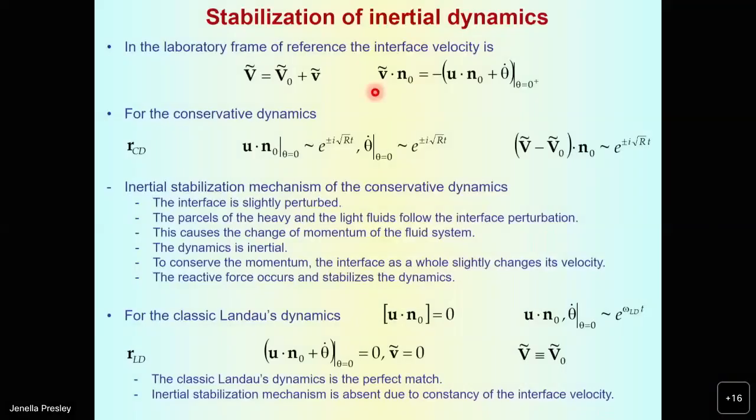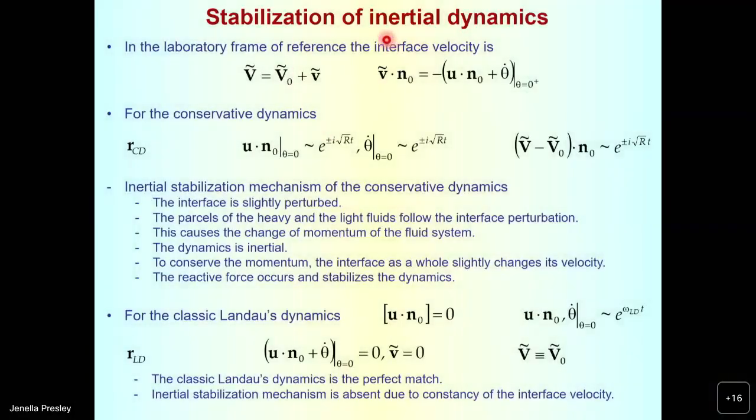In order for us to better understand it, let us consider the interface velocity in a laboratory frame of reference. We see that in our case, this interface velocity may not be constant, and it will experience slight perturbations, which we may see from this side.